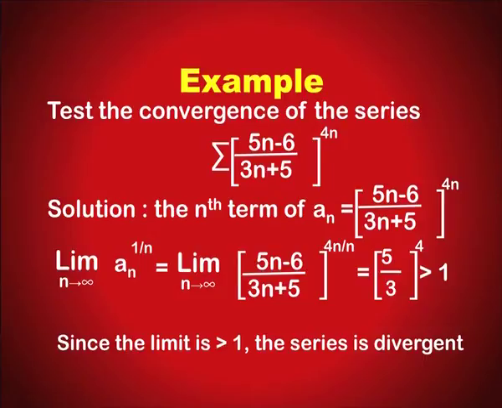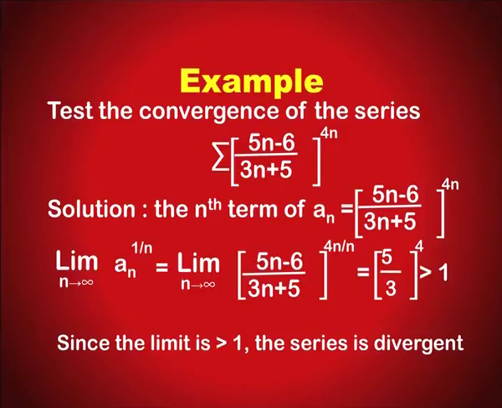Example to test the convergence of the series from this test is sigma (5n minus 6 upon 3n plus 5) to the power 4n. The solution, the nth term of the series is a_n is equal to (5n minus 6 upon 3n plus 5) to the power 4n.